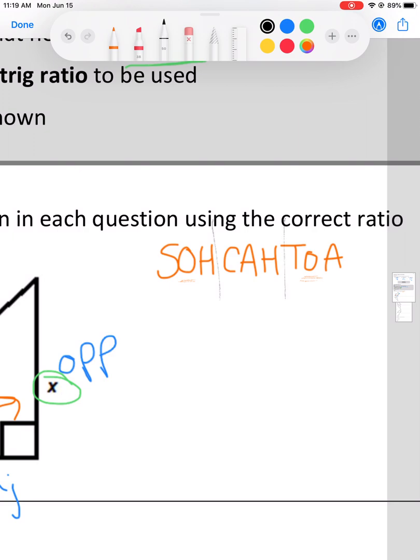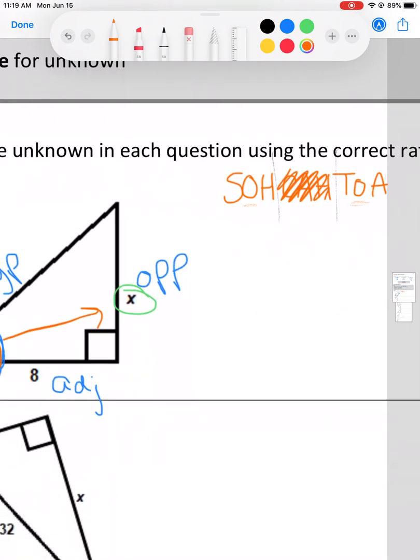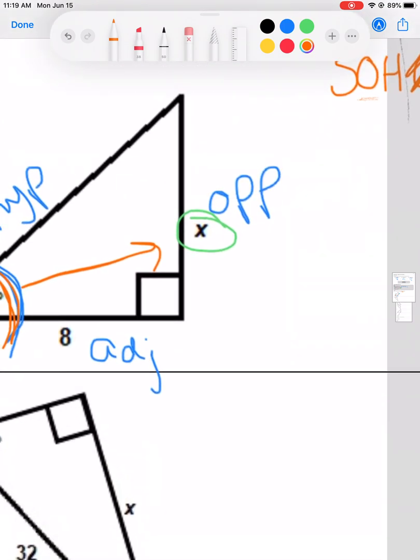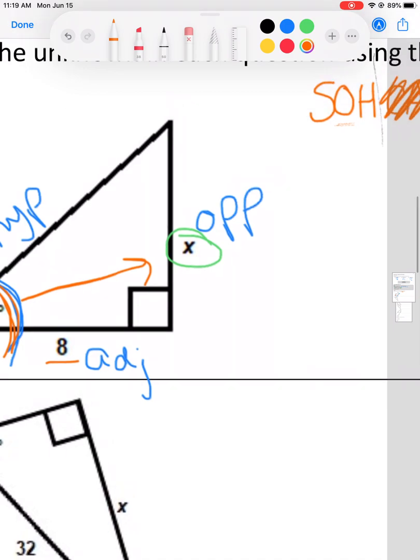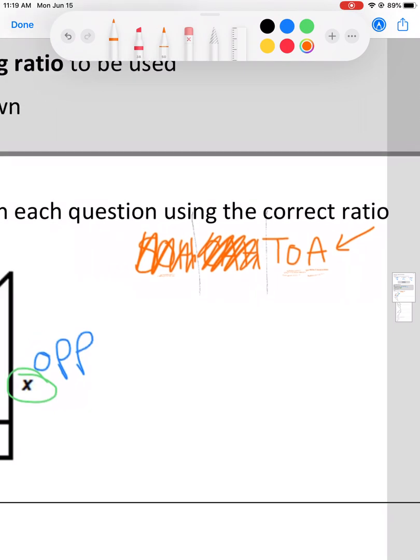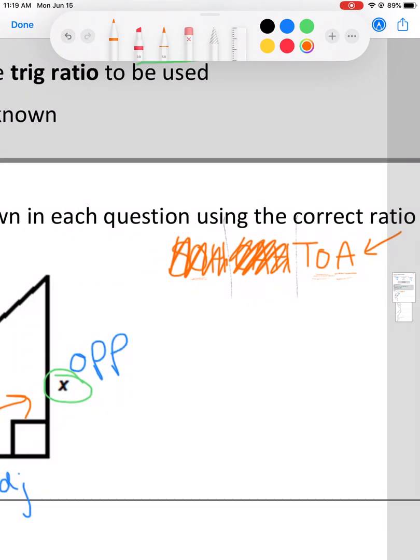We need the opposite, which means we're using either sine or tan. I'm going to cross out cos, because cos doesn't deal with opposite. What else do we have? We have our adjacent, and that's here. So that means we're using tan.